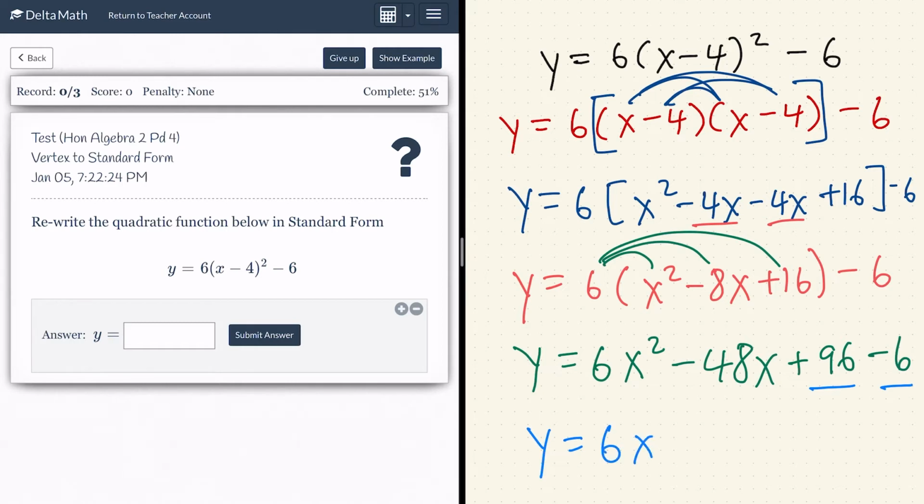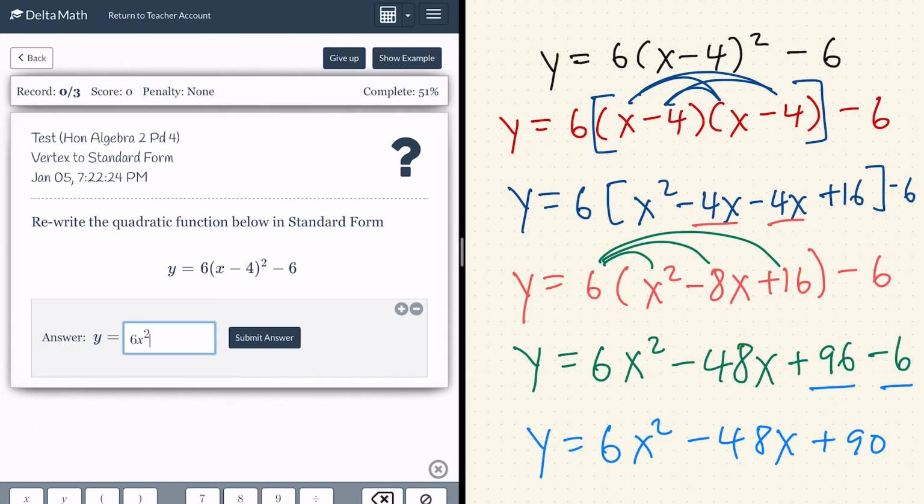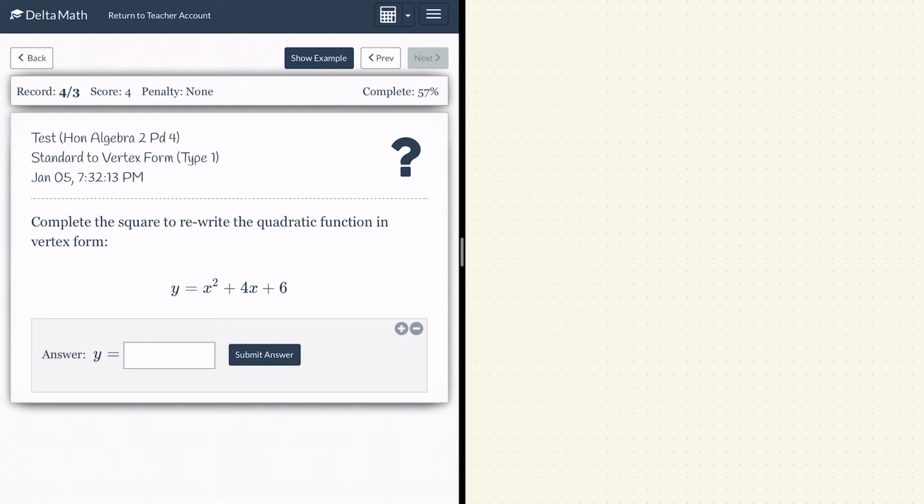So we have 6x squared minus 48x, and then 96 minus 6 is 90. So 6x squared minus 48x plus 90. And there we have it. So in this example, y is equal to ax squared plus bx plus c. Our equation is 6x squared minus 48x plus 90.